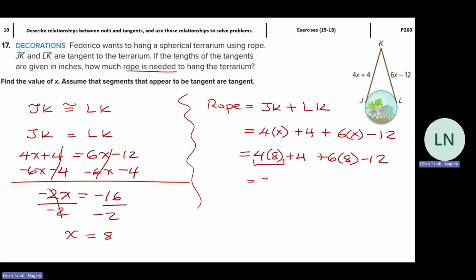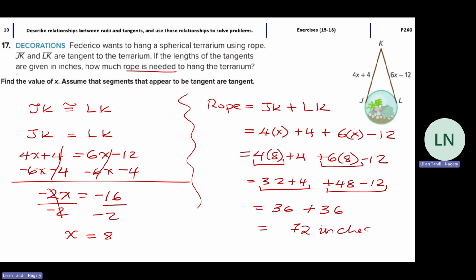This gives me 32 plus 4, which is 36. This gives me 48 minus 12, which is 36. I know I am correct because JK is the same number as LK. Then I add and I should get 72. And what is our unit? Inches. So if I am buying the rope, I need to buy 72 inches. That is the answer to that question.